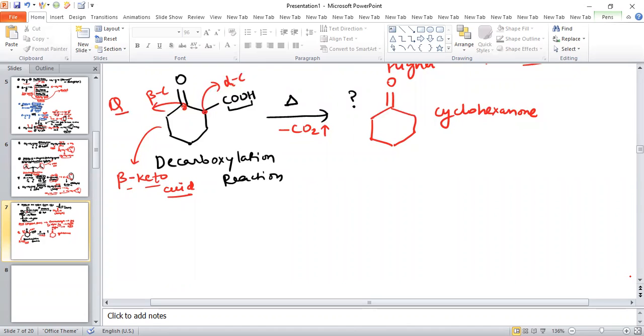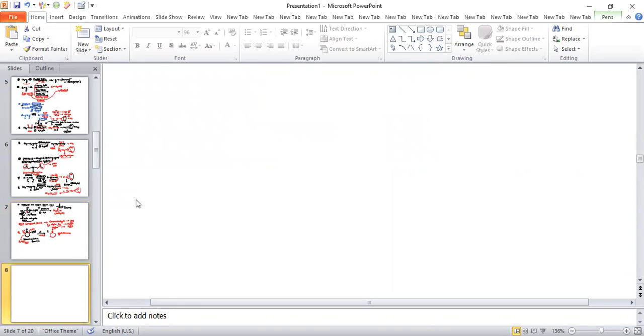In the same way, you can see some more reactions related to the preparation of aldehyde and ketone.